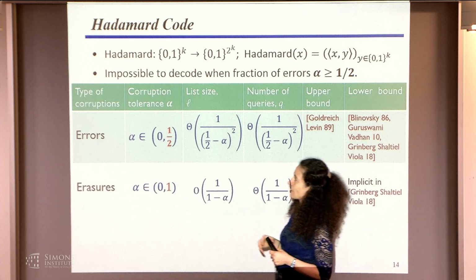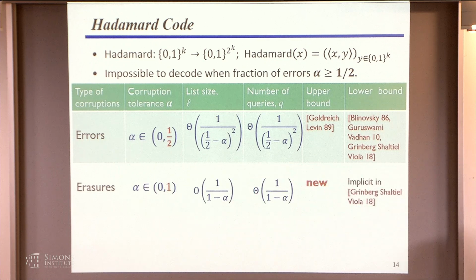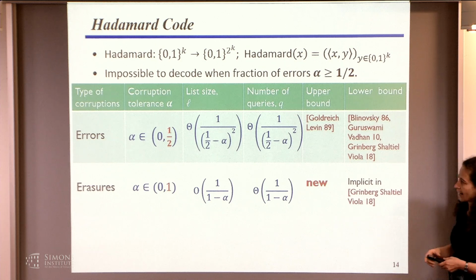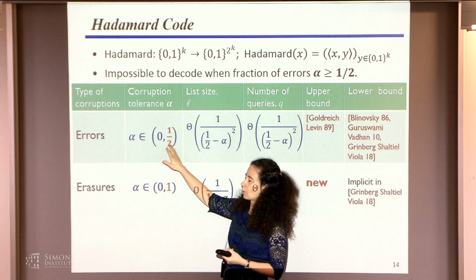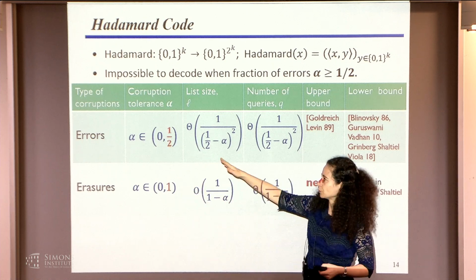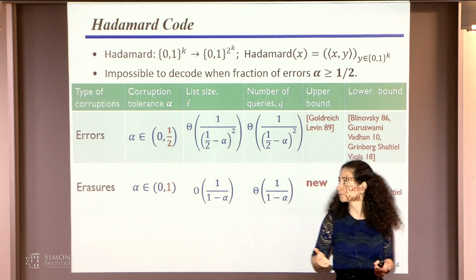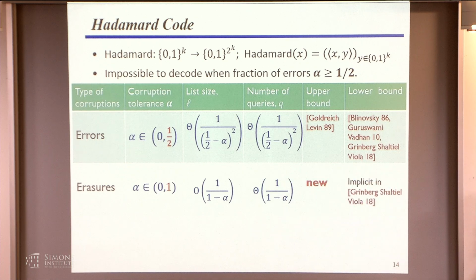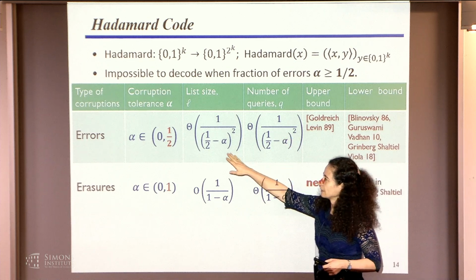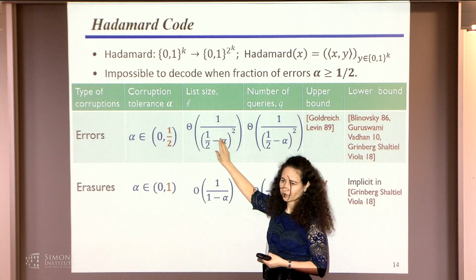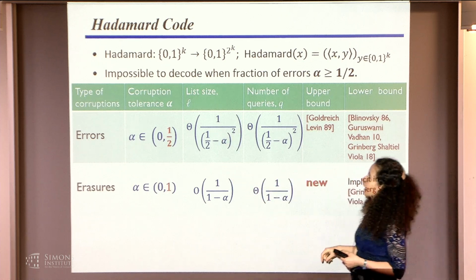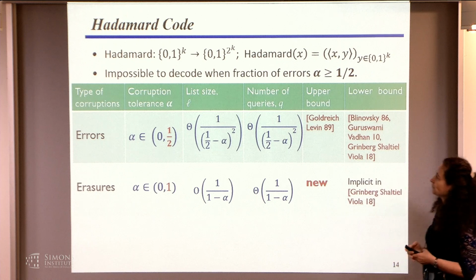Local list decoding of the Hadamard code is the famous result by Goldreich and Levin. Basically, what they showed is that for any fraction of errors up to 1/2, which is the bound you can achieve, you can locally list decode it with lists of size 1 over (1/2 minus alpha) squared, where 1/2 minus alpha is how close we are to the 1/2 threshold, and a similar number of queries.